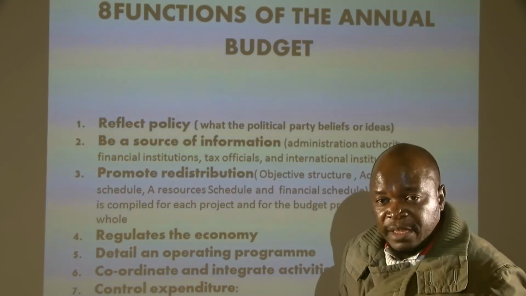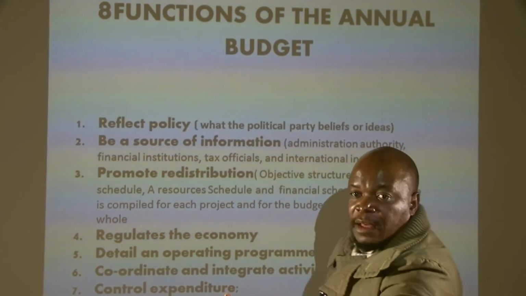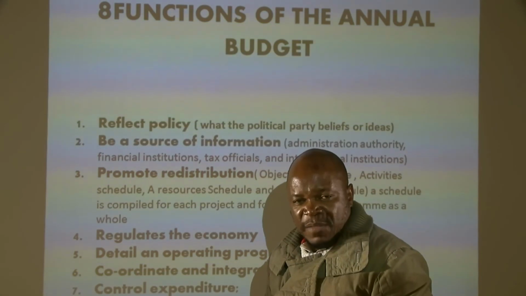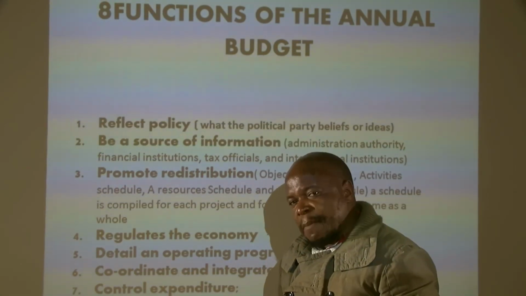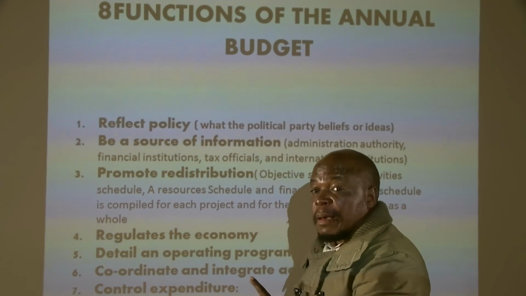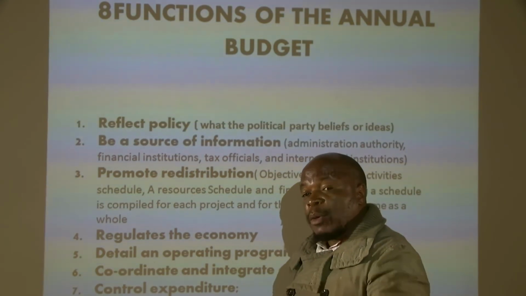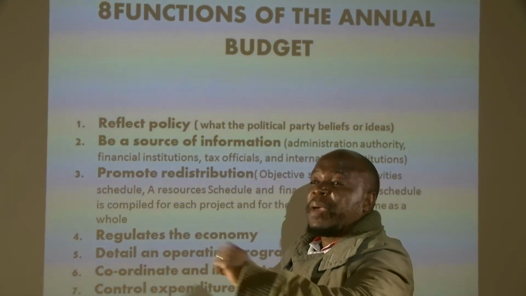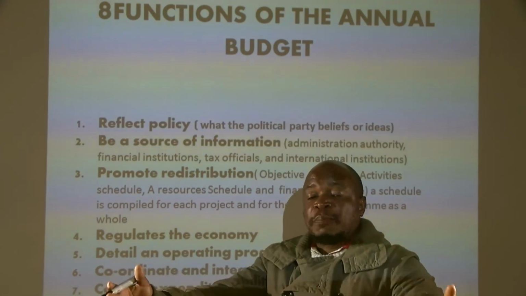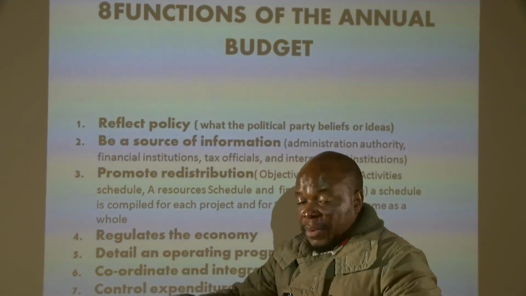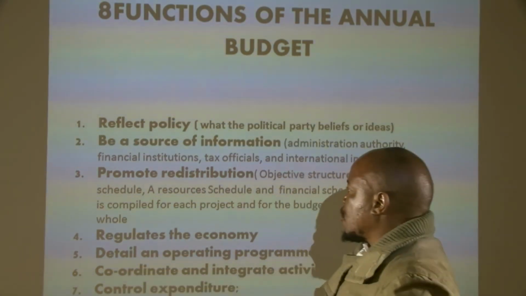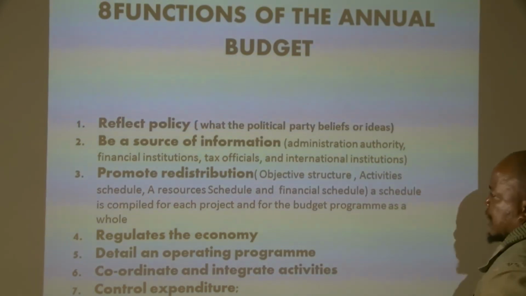What are these guys planning? Are they planning to borrow from the IMF or the World Bank? How are they going to pay the World Bank if they have some borrowing? Remember I said in the beginning that the budget reflects what we are going to earn and what we are going to pay in a certain financial period, which in this case is a year.